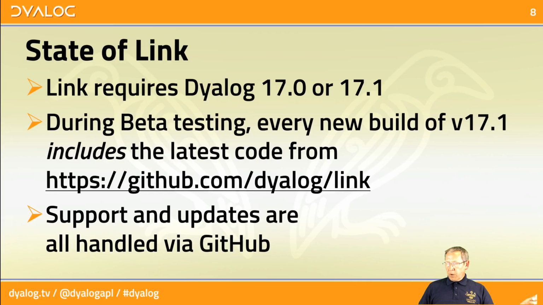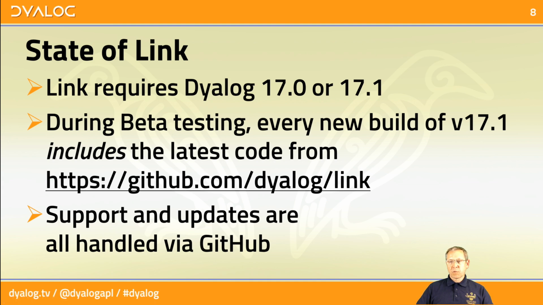So where we are with Link right now, Link requires 17 or 17.1. We are in beta testing of 17.1, and every new build that we make and distribute to people includes the latest code. We're just taking the head of the Link repository. One thing which is a little bit different from most Dyalog tools is that we've decided to experiment with this open source project.